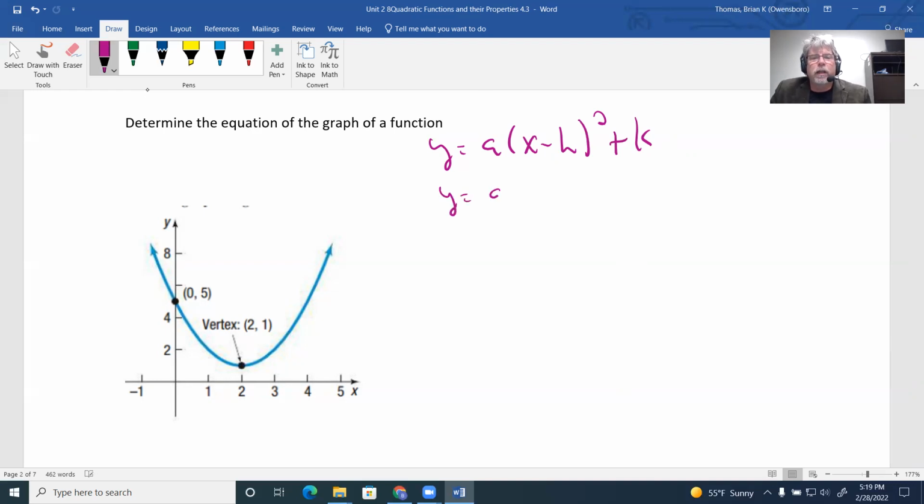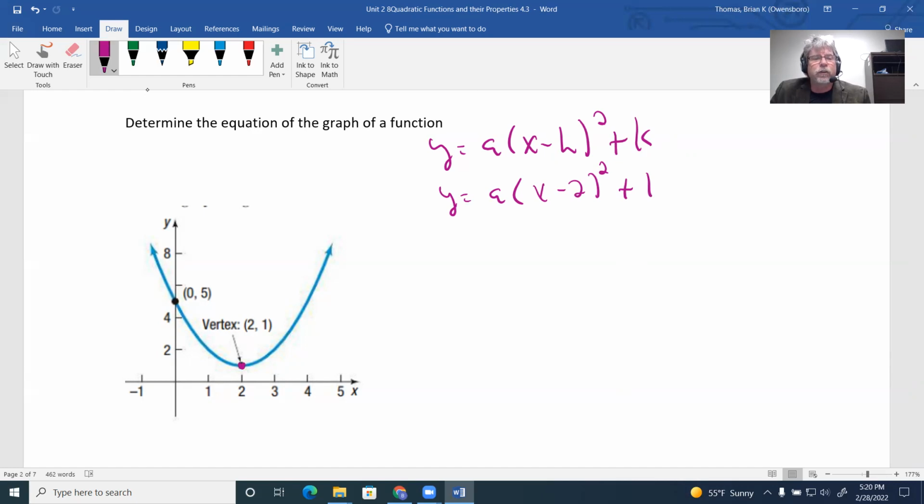So y is going to equal a times x minus 2 squared plus 1. Because remember, the x has always got to be backwards. And since the vertex is at this 2, 1, we now have this. So to write the equation, now all we have to do is find this a.